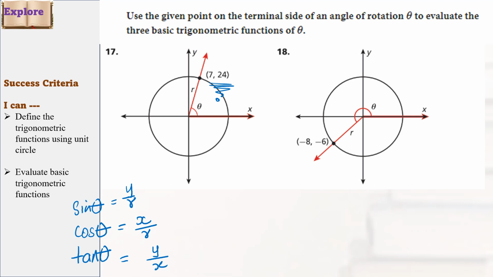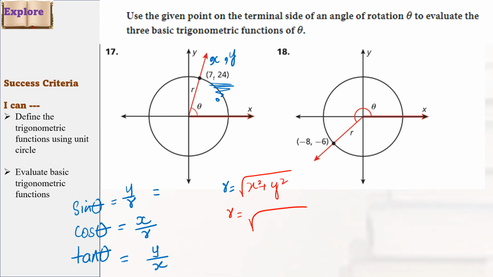Now here, remember the x is here and y is here in the coordinate plane. Just put it over here. Now the first thing is that x is given, y is given, but we need to find the r. How to determine the r? The formula is the square root of x squared plus y squared.